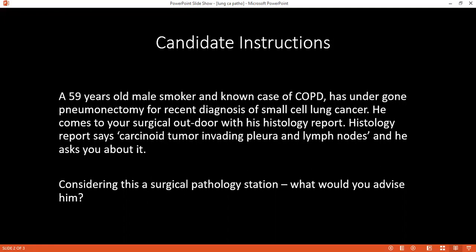Right, so if you have read and understood, kindly tell me, how would you address the issue of this patient?